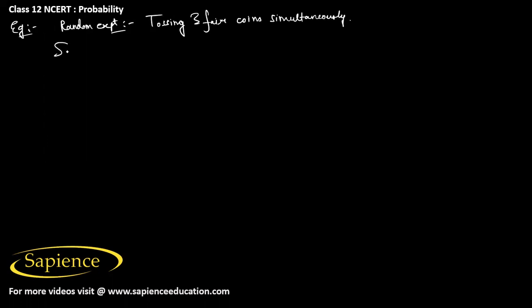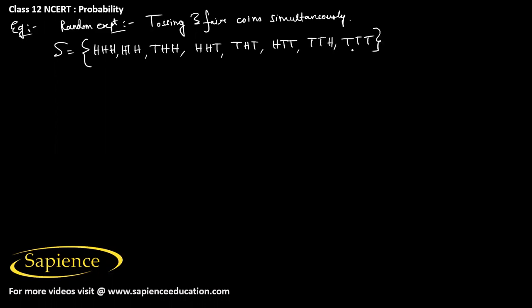The sample space would be the set of all possible outcomes: HHH, HHT, HTH, THH, HTT, THT, TTH, and TTT. So these are the 8 possible outcomes.